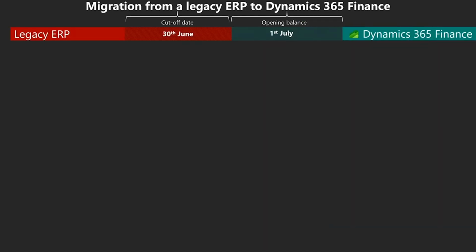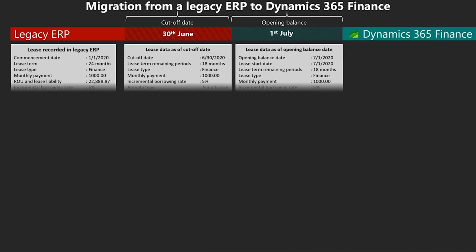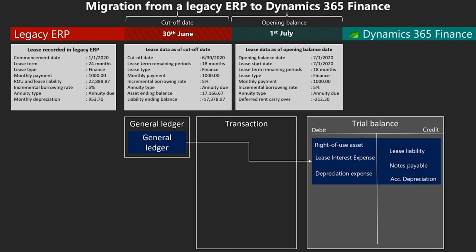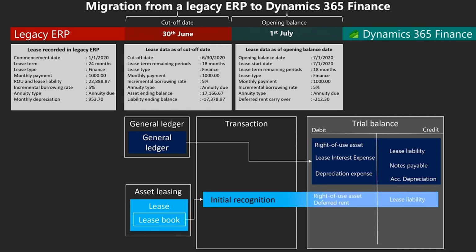So we have our cutoff date from the legacy system, the last day in June, and the opening balance is July 1st. Here the opening balances of the lease accounts are posted through the general ledger, so it is not through the leasing. Then from the leasing, we need to post the initial recognition at the opening balance date.